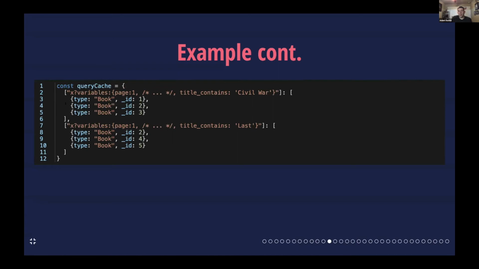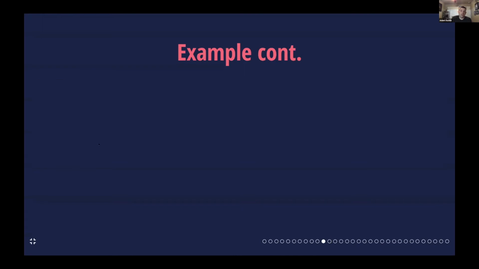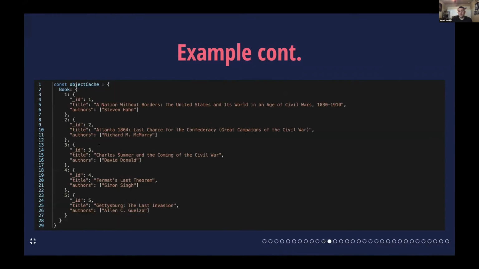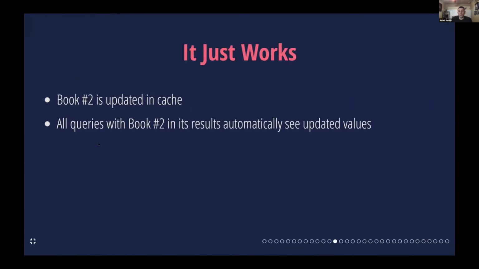And remember, in our query caches, we're only storing pointers to the actual entries in the object cache. What that means is, once we update book number 2, our Apollo cache or whatever we're using is just going to broadcast that something has changed.